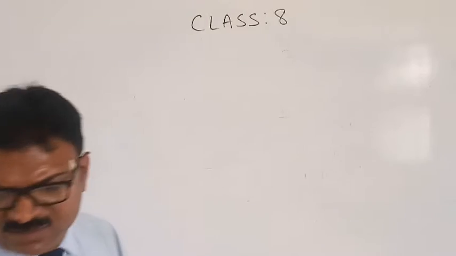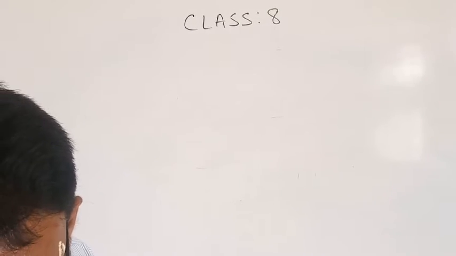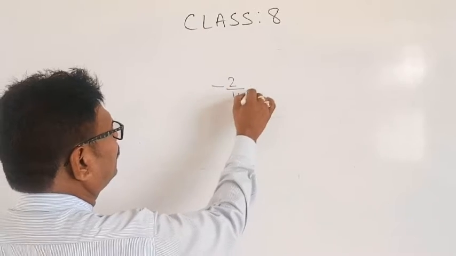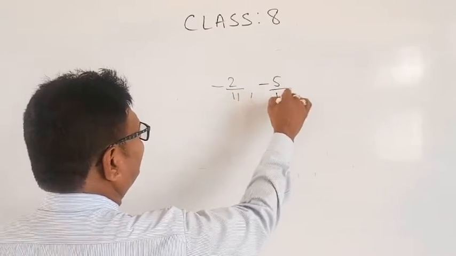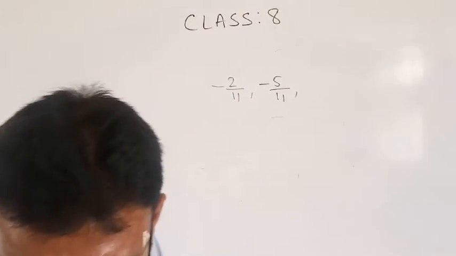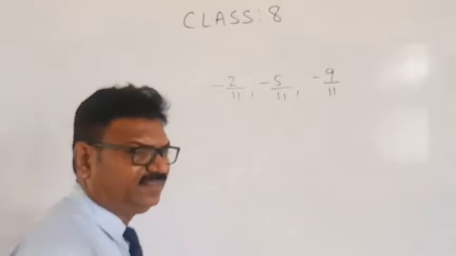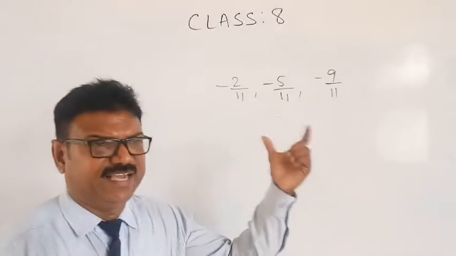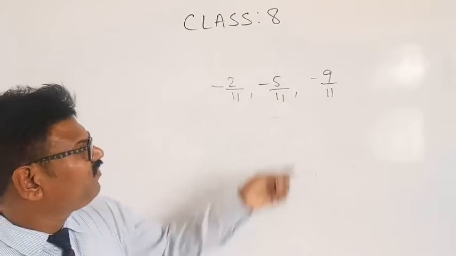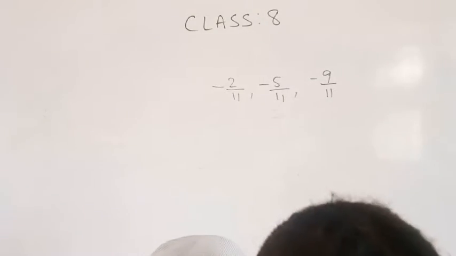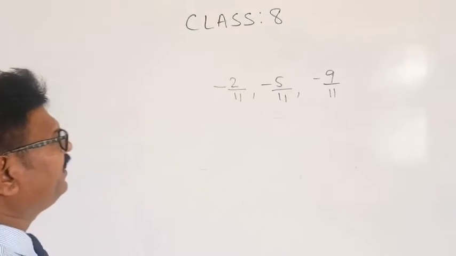Next one. Represent minus 2 by 11, minus 5 by 11, minus 9 by 11 on the number line. Locate minus 2 by 11, minus 5 by 11 and minus 9 by 11 on the number line. Very very simple.